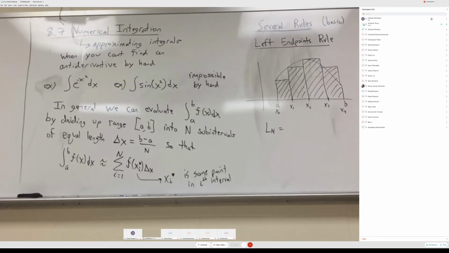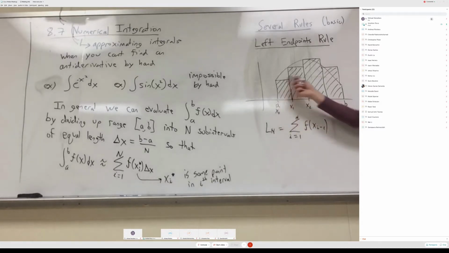The left endpoint rule, we call it L sub n, n being the number of intervals that we've chosen, is going to be this. The summation from i equals 1 to n of f of x sub i minus 1. So notice the first height is at x0. So if we're in this thing from 1 going up to n, to get to the 0, you've got an x of 1 minus 1.